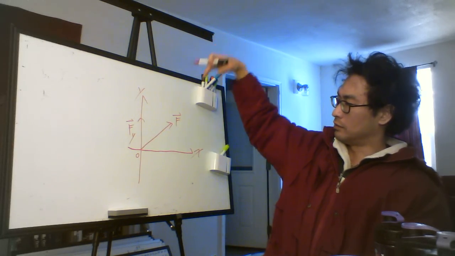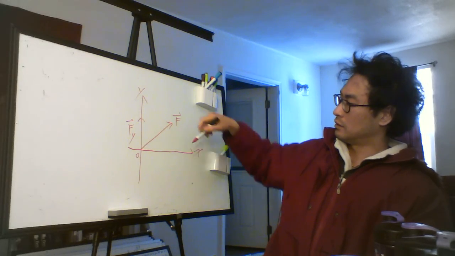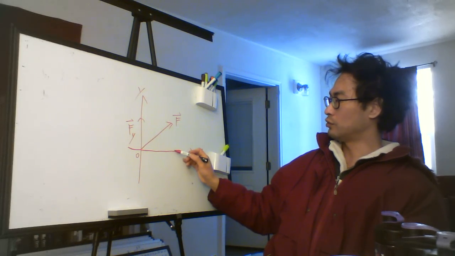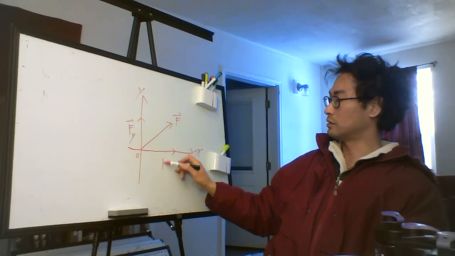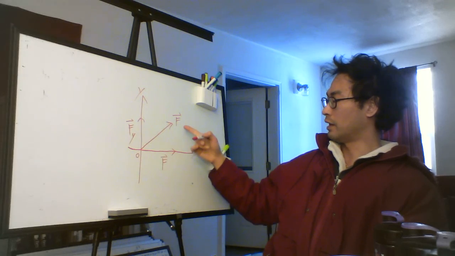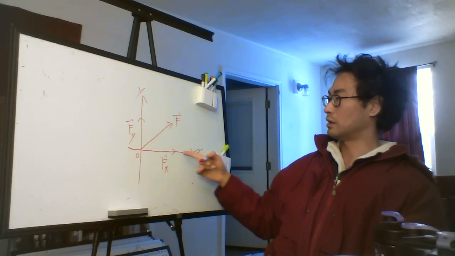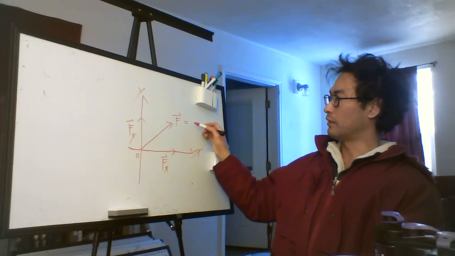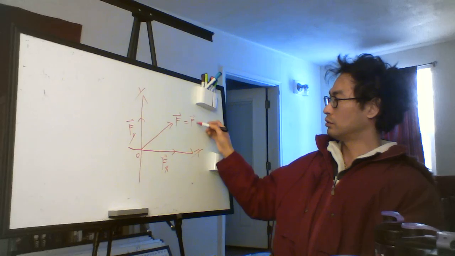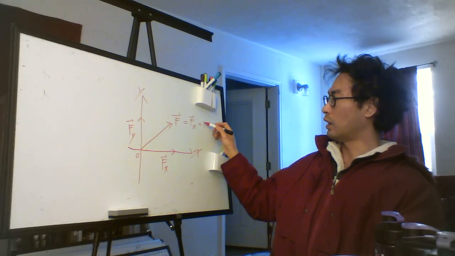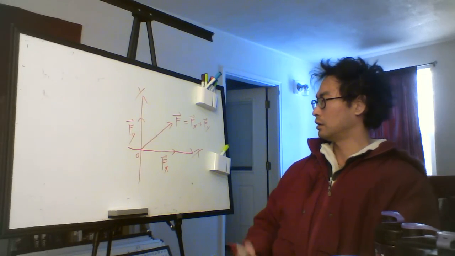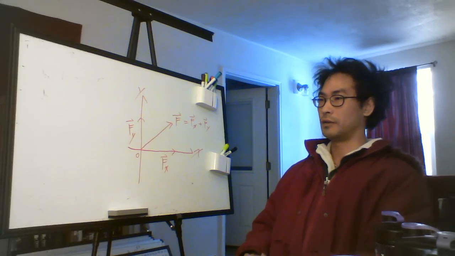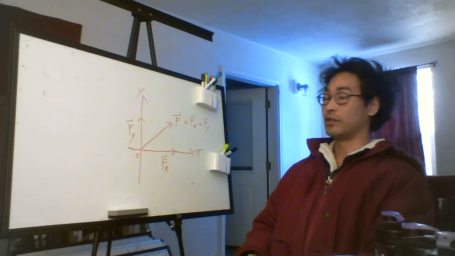Now, with sunlight or your ceiling light on the ground, you have a shadow on the ground. That's the projection of F onto the x-axis, the horizontal axis. So that's how you decompose a vector into an x component and a y component. And in humanology, we have two kinds of projections, convergent projection and divergent projection.